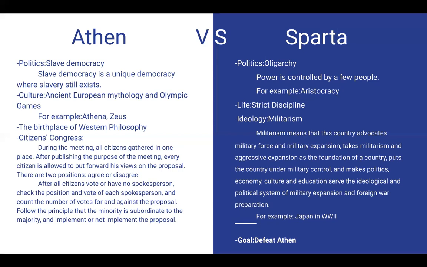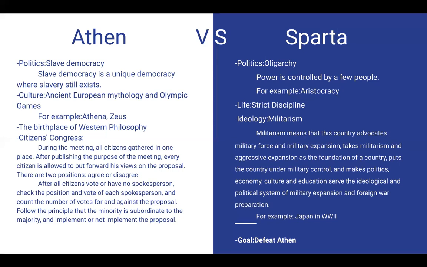The most representative thing of its democracy is the Citizens Congress. During the meeting, all citizens gathered in one place after publishing the purpose of the meeting. Every citizen is allowed to put forward his views on the proposal. There are two positions, agree or disagree.